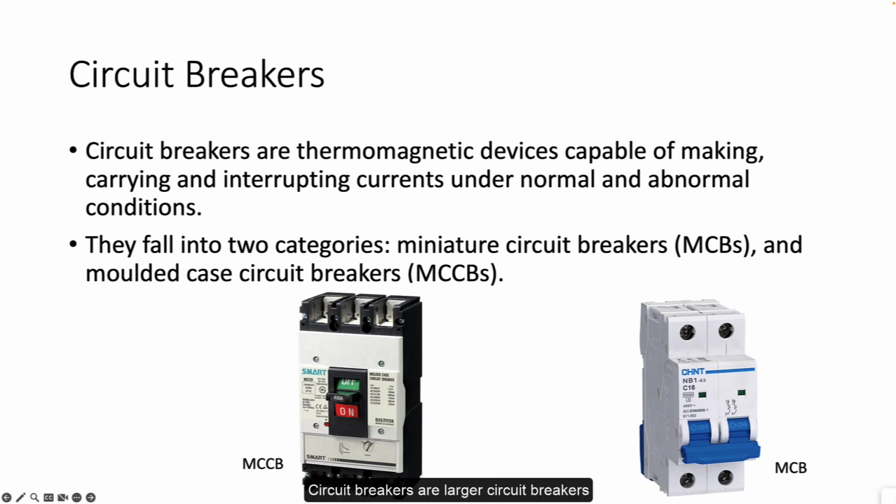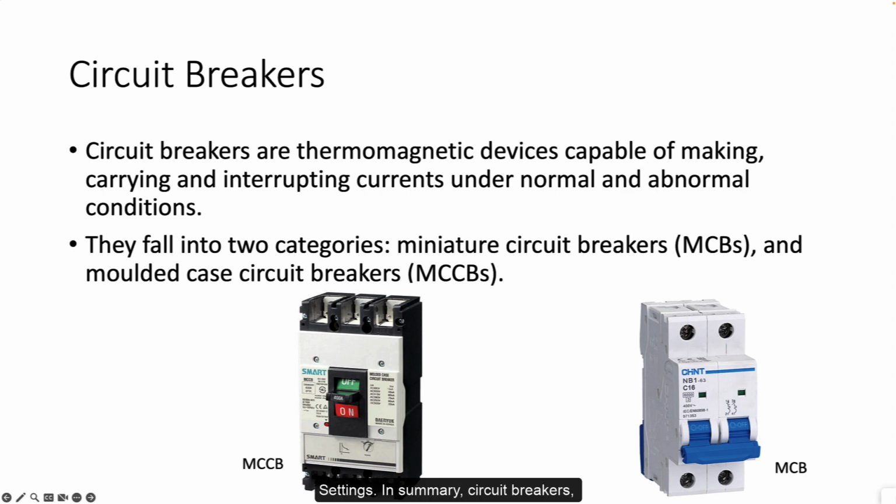Molded case circuit breakers are larger circuit breakers suitable for protecting larger distribution circuits. Distribution circuits are responsible for carrying electrical power to various parts of a building or facility. Molded case circuit breakers, or MCCBs, are capable of handling higher current capacities and are often employed in industrial and commercial settings.